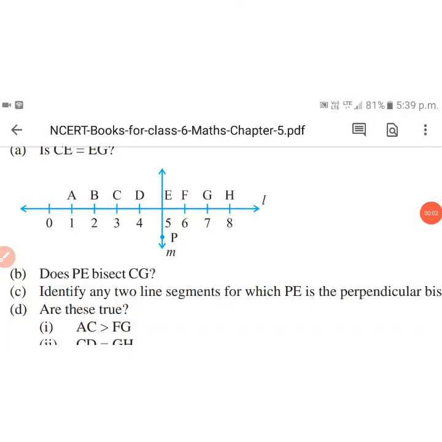B part. Does PE bisect CG? So this is PE and this is CG.